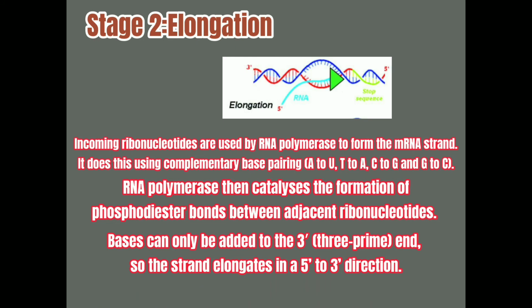RNA polymerase then catalyzes the formation of phosphodiester bonds between adjacent ribonucleotides. Bases can only be added to the 3' end, so the strand elongates in a 5' to 3' direction.